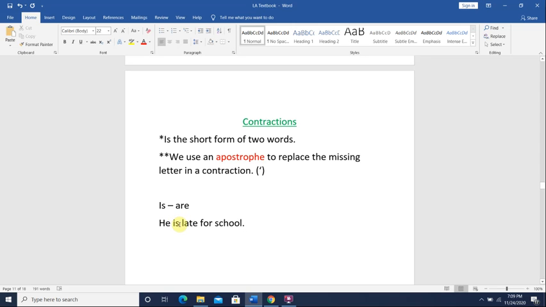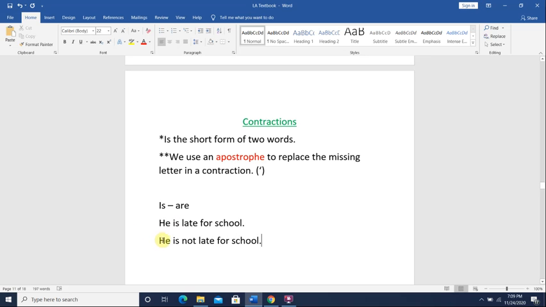Okay, so sometimes we want to add the word not. We want to make the sentence into a negative. Okay, so a negative means you want to add the word not. Like if I say, he is not late for school.